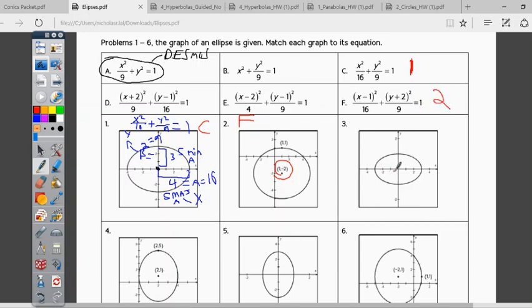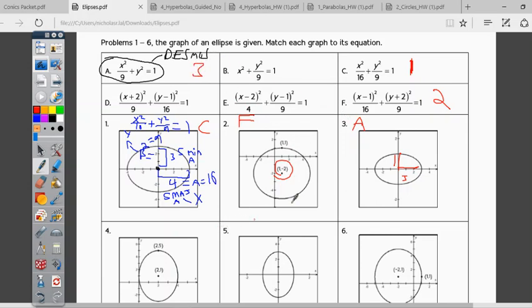For 3, you have a center at 0, 0, so it's either A or B. We have the horizontal axis of 3, so x squared over 9, and a vertical B, so A is equal to 3, B is equal to 1, so 3 is associated with A, and A is associated with 3.